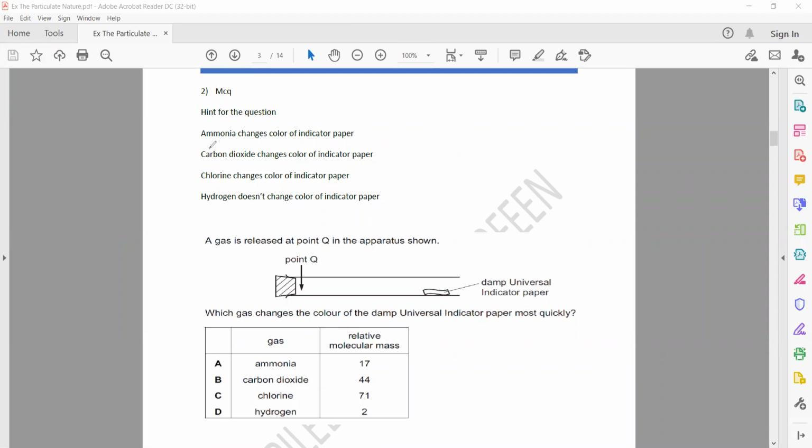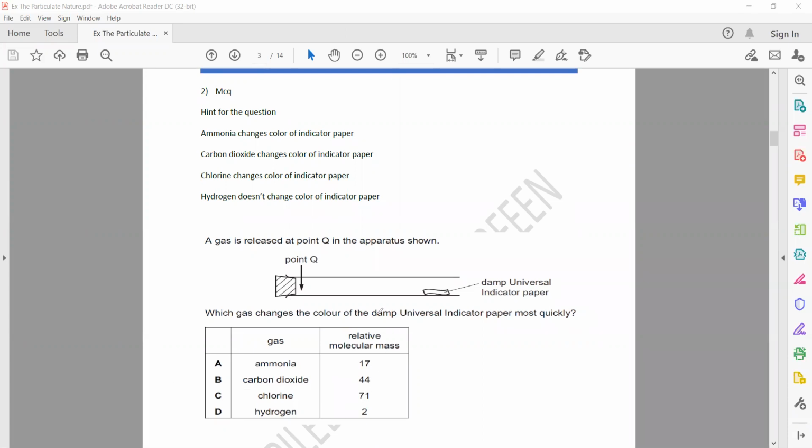The hint for the question: if you check the hint, it is given that hydrogen does not change the color of indicator paper. So when you compare the rate of diffusion, which gas will diffuse faster?